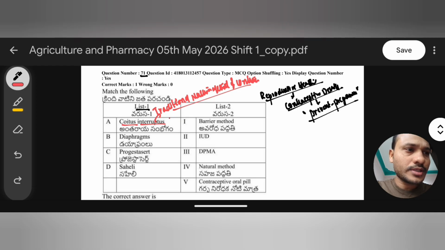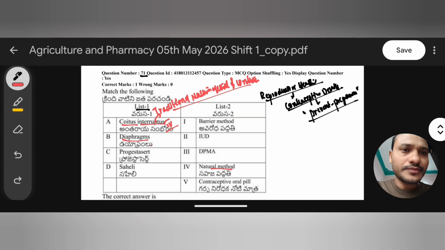We interrupt the coitus before releasing sperm into the female body, and no devices are used. So it is a natural method, hence the first one matches the fourth.